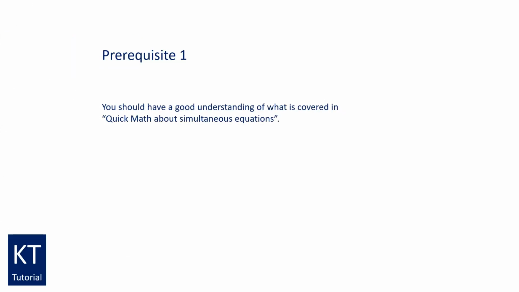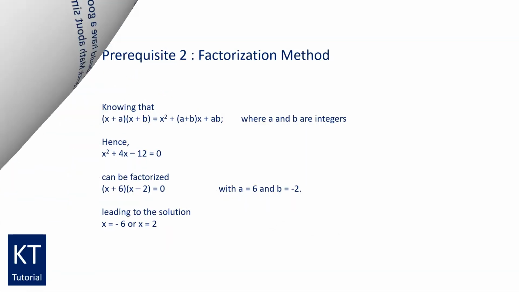The first prerequisite is that you should already have a good understanding of what is covered in Quick Math about simultaneous equations. The second prerequisite is to be able to apply the factorization method to a quadratic equation.